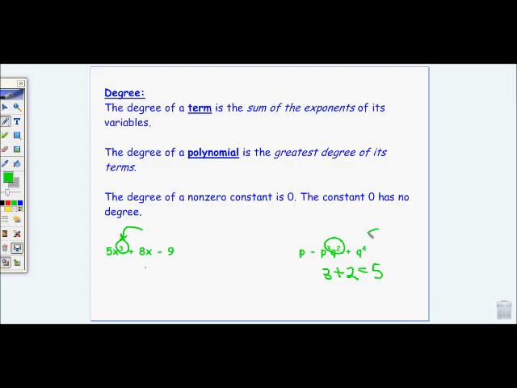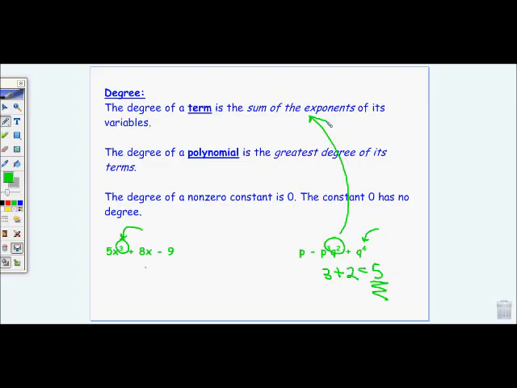And that is larger than the single term there, which is 4. Okay, so the greatest degree for this one would be 5 because, again, if we're multiplying, we would add those exponents. It's kind of that same routine. We want to add the exponents of the variables. Right there is that rule.